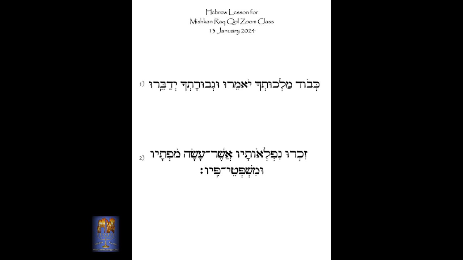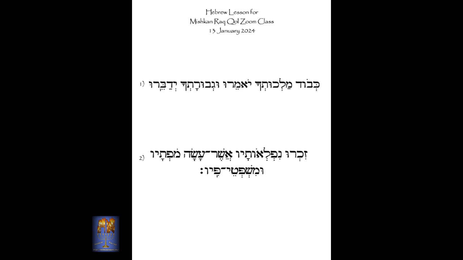Shrink that up a little bit because that's far too large. All righty. So our next word here. So what we have is a letter. This letter is mem, and it makes an M sound, and it is pointed with patach, which is, of course, a short duration A type vowel.